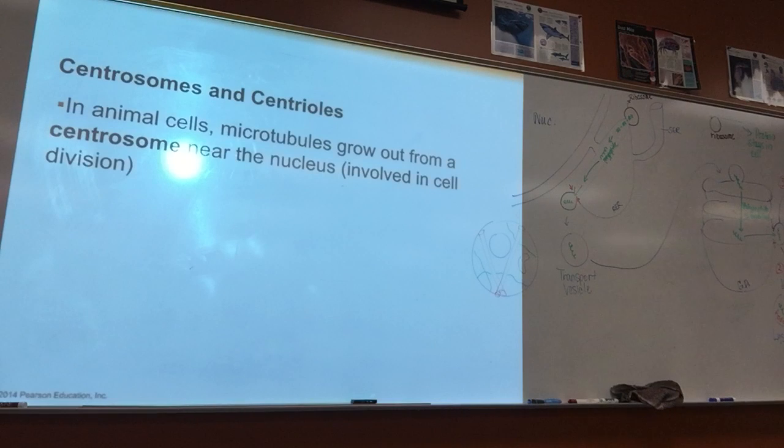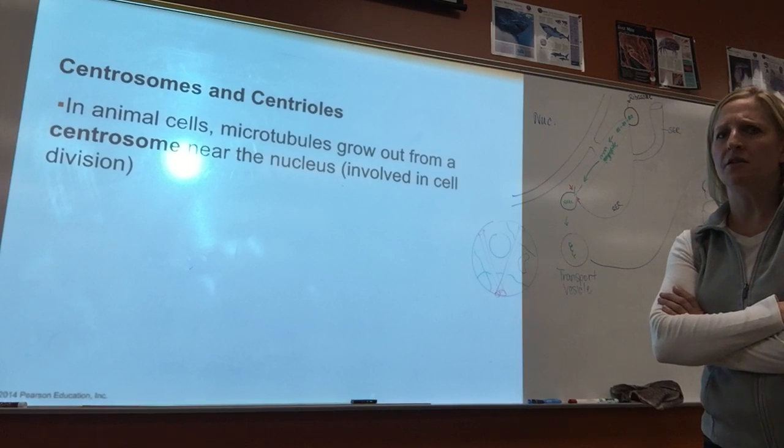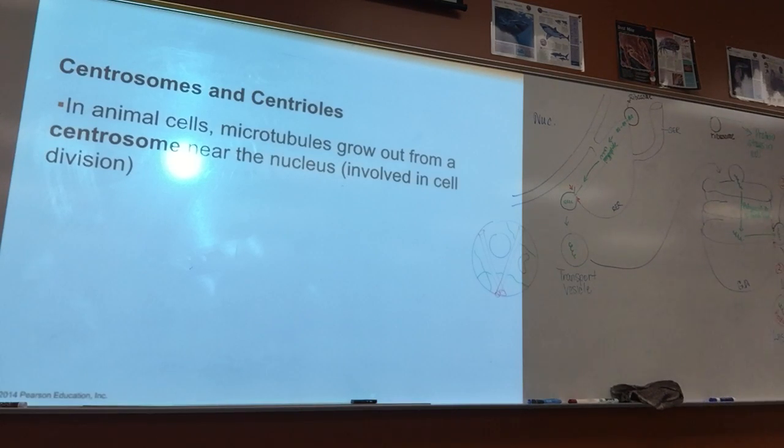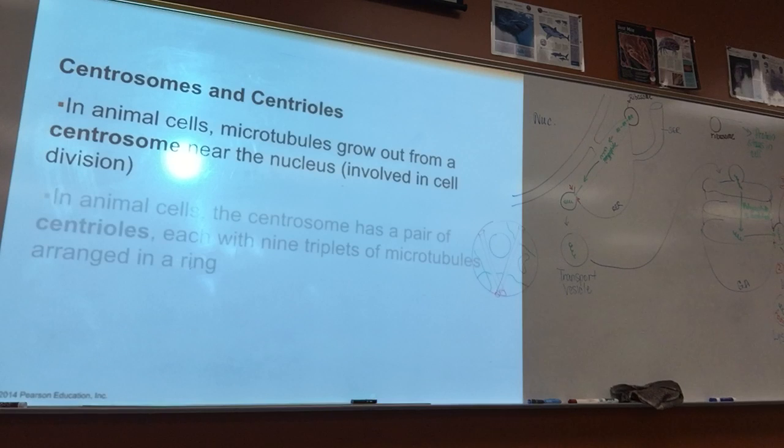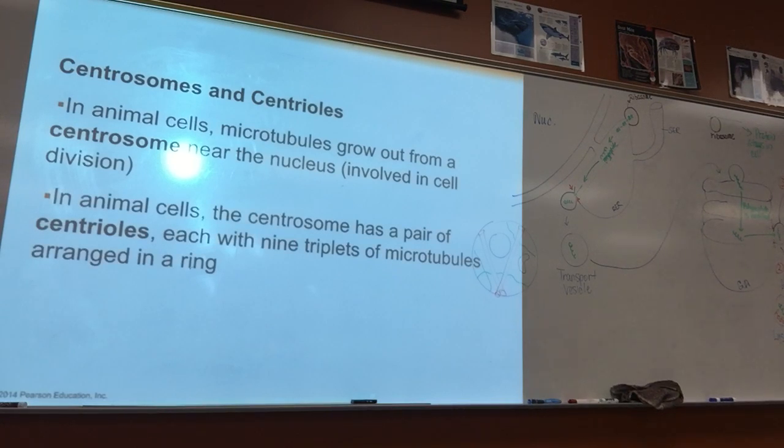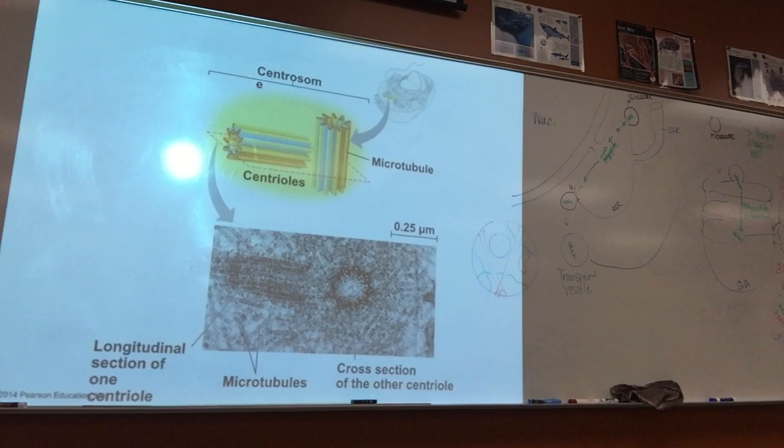In animal cells, microtubules grow out from a centrosome near the nucleus, and it's involved in cell division. The centrosome has a pair of centrioles made out of microtubules. And that's what this picture here is showing you.